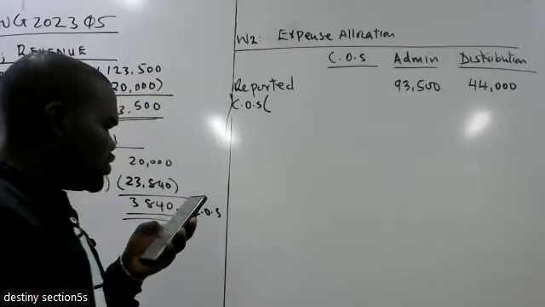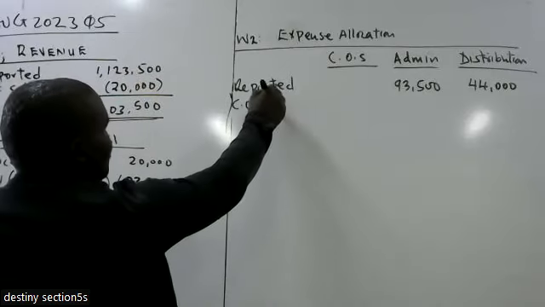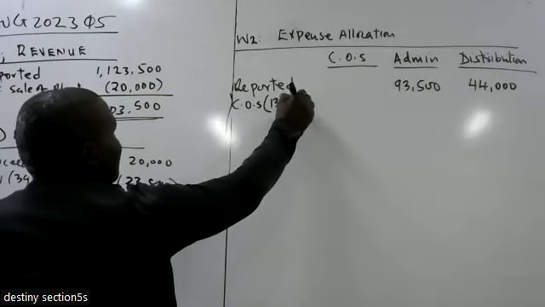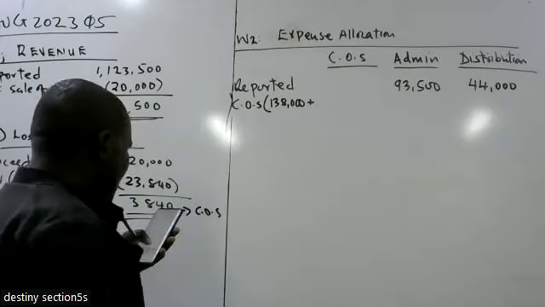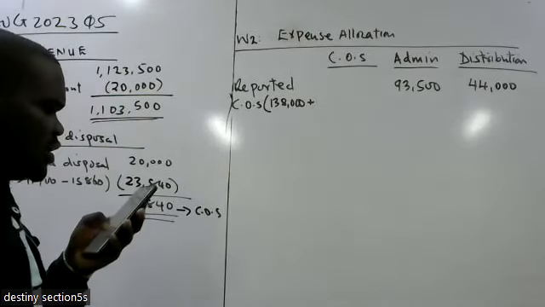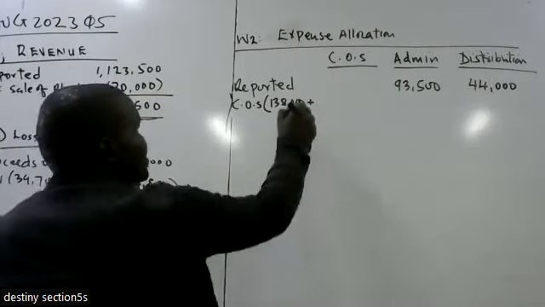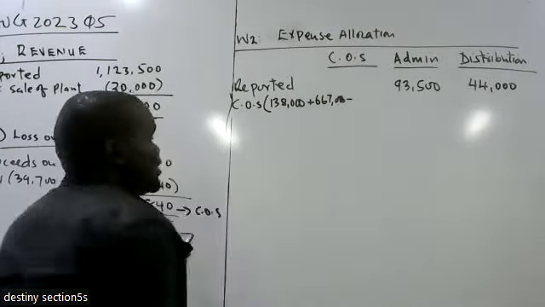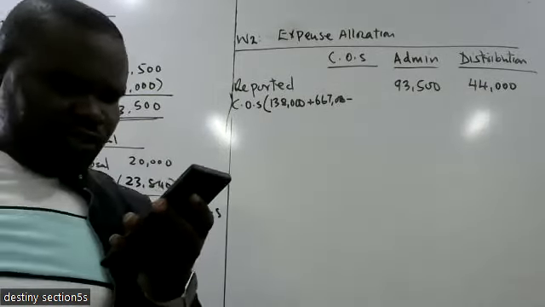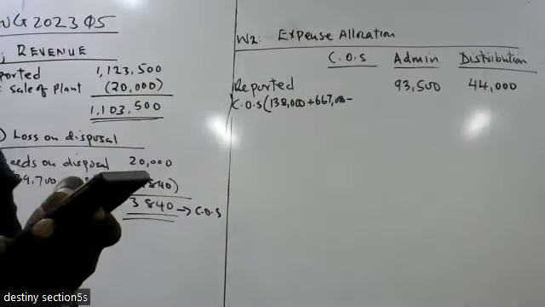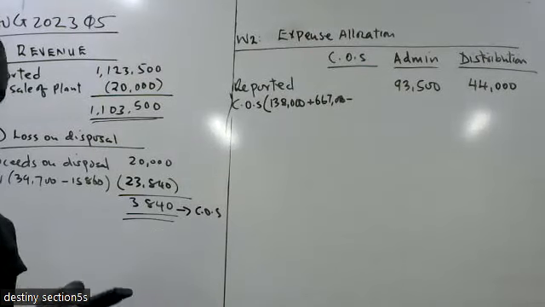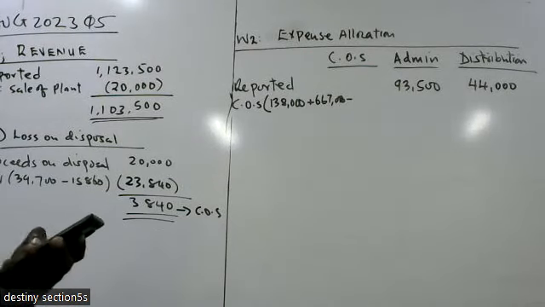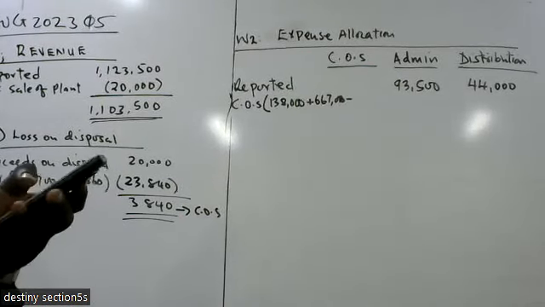Opening inventory, if you check the trial balance, you will see 138. Then you add purchases, 667. Minus closing inventory: check additional information number 5.